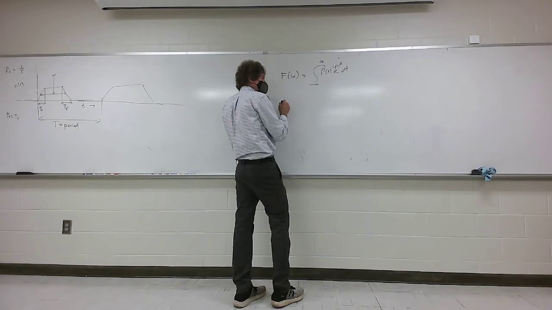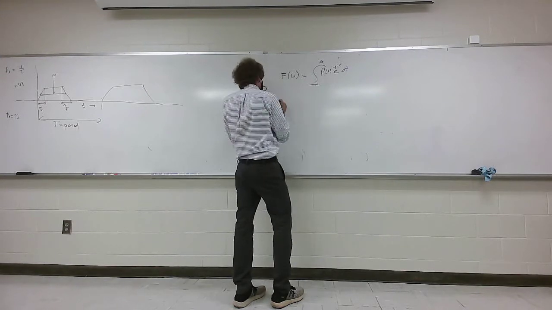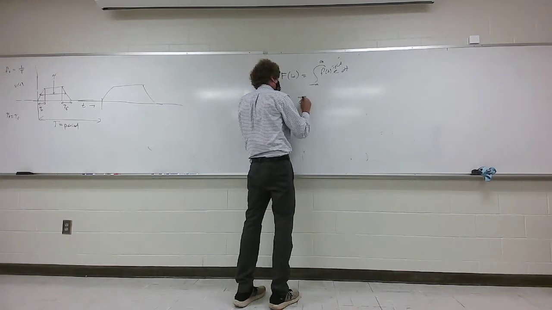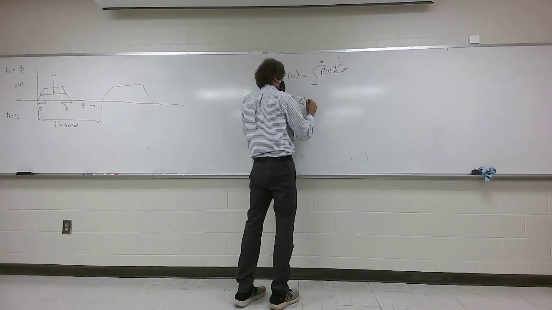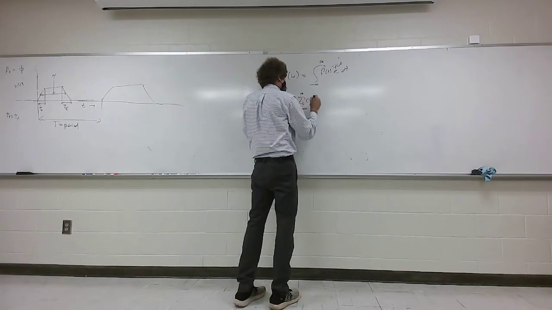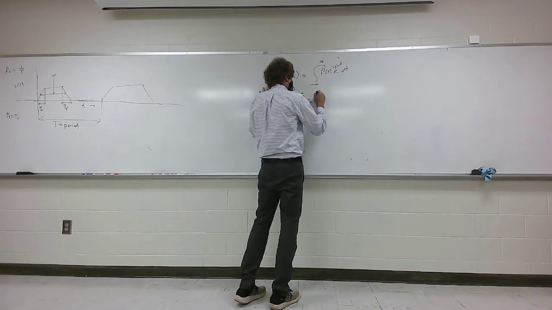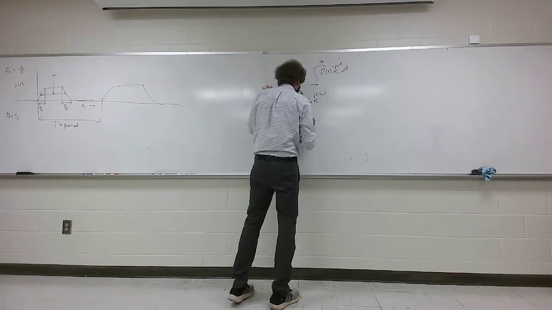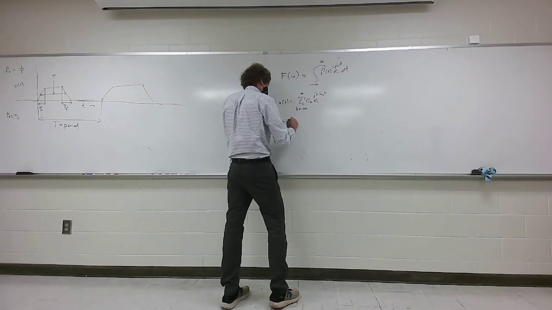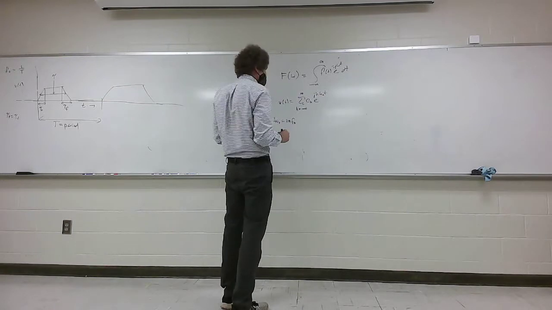The Fourier series approximation for that signal v of t would be equal to a summation of c of n from n equals minus infinity to infinity, e to the j n omega naught t. Here omega naught would be 2 pi times f naught, where f naught is the fundamental frequency.